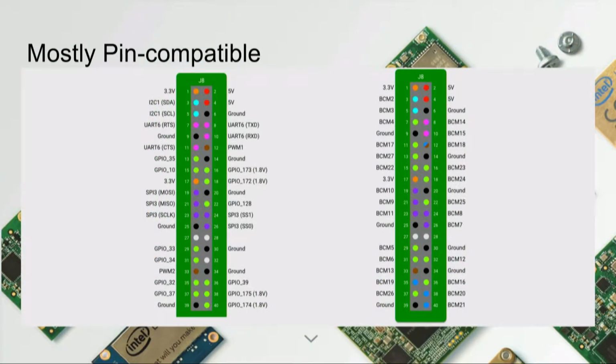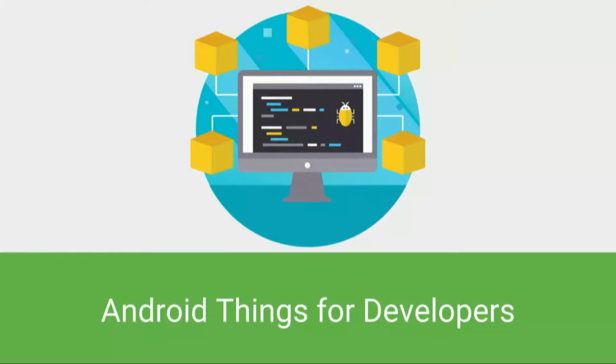They're mostly pin compatible. I say mostly because sometimes the I2C and the PWM ports are the same, the power ports are the same, but sometimes the GPIO is 1.8 volts, and otherwise it's 3.3 or 5 volts. So those differences are there.